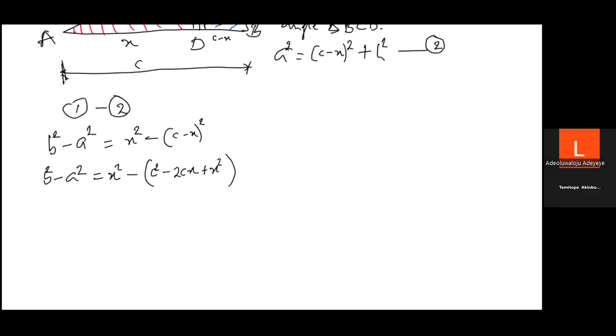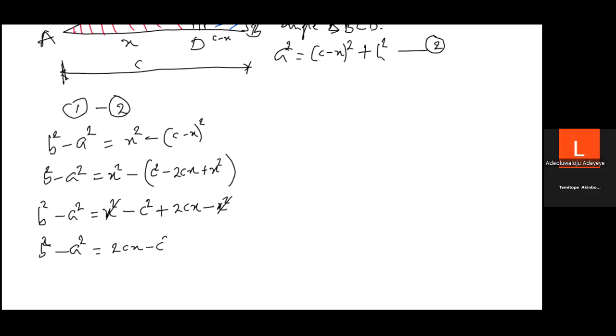So b squared minus a squared equals x squared. Then you can now open the bracket. That'll be minus c squared plus 2cx minus x squared. With this, x squared will cancel out. We will now be left with b squared minus a squared equals 2cx minus c squared.